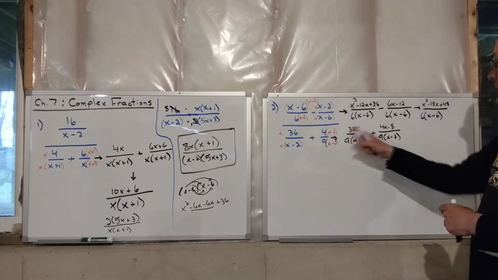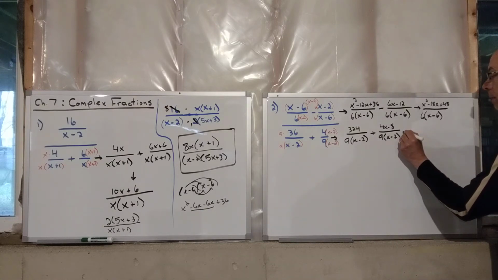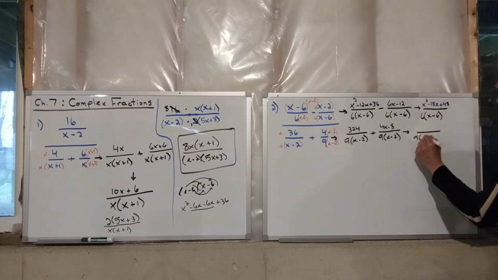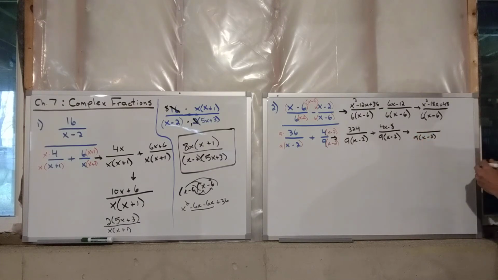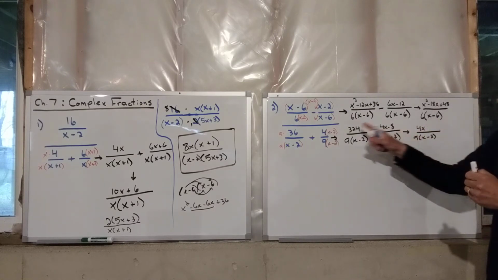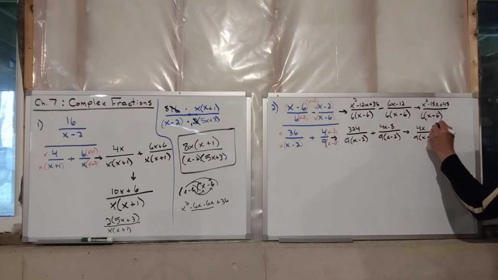So common denominators, fix the numerators. Now I do the addition, which means I stick with the common denominator, 9 times x minus 2. There's no like term to the 4x, so it just goes, and then this will be 324 plus negative 8, which is what, 316?